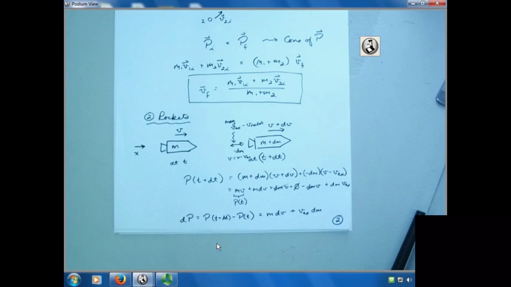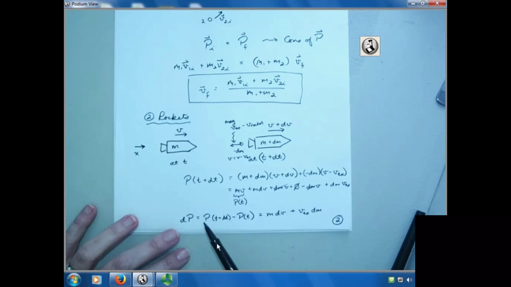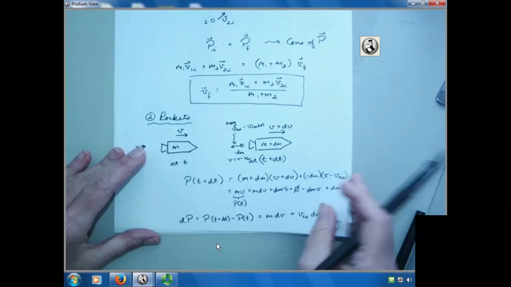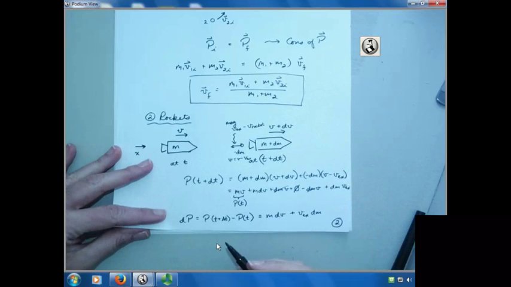Okay, so now I'm ready to say, hey, guess what? External forces on the system were zero anyway. So, since the net external force is zero, my momentum must be a constant, which means that dp must be zero. I'll write some of that out.